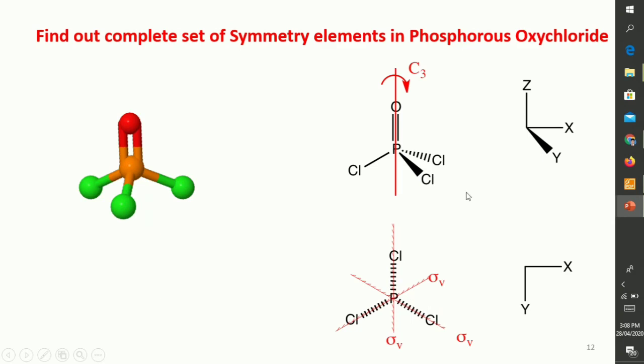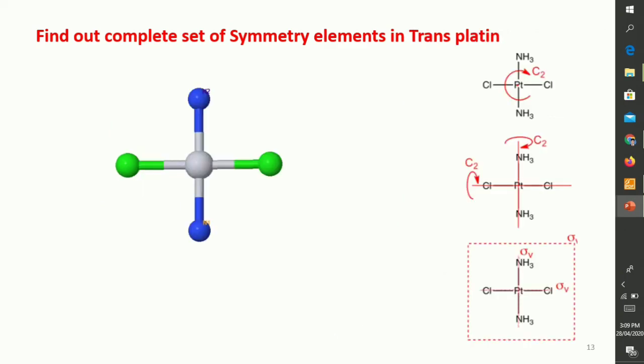So if we talk about the complete set of symmetry elements and operations in phosphorus oxychloride, POCl3, then there are 5 symmetry operations. Number 1 is identity, number 2 is C3, and 3 sigma V. So there are 5 symmetry operations found in POCl3.